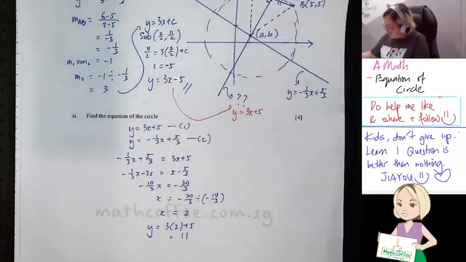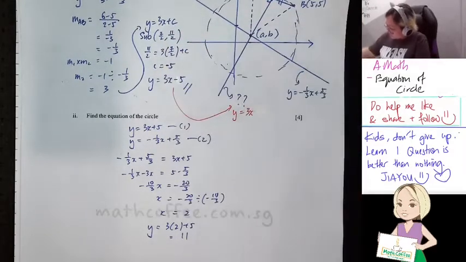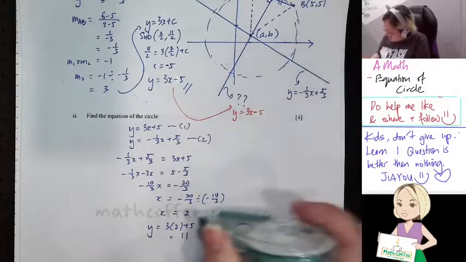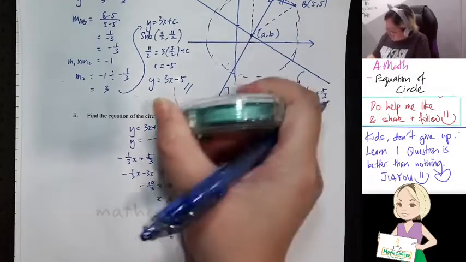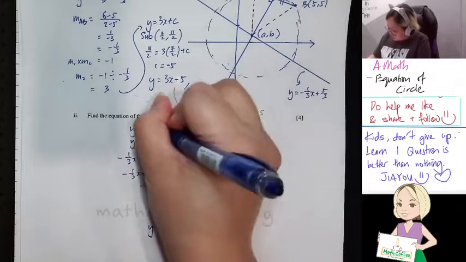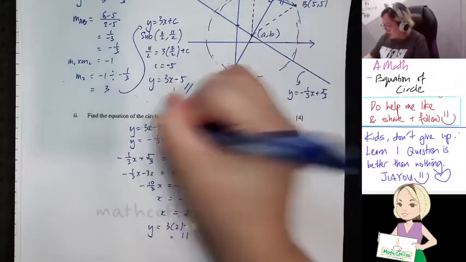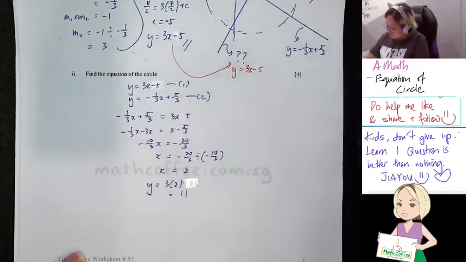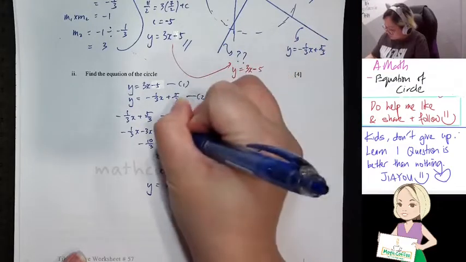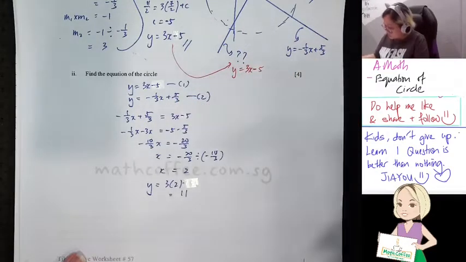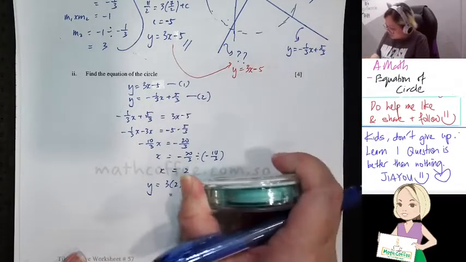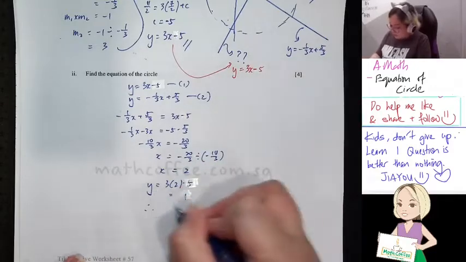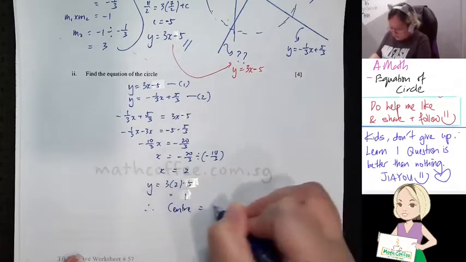Minus 5. Wrote too fast. Okay, so this one is minus 5. So it's 1. So therefore, now I know that my center will be equal to 2, 1.